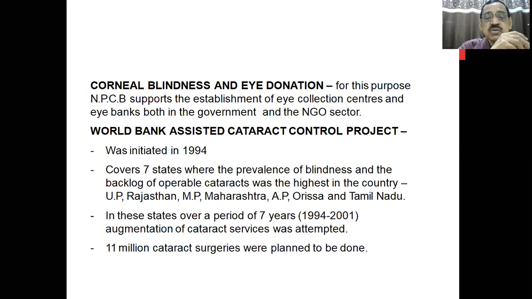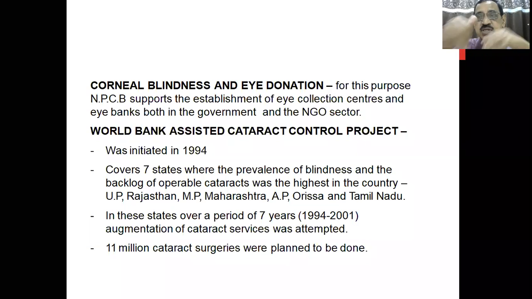The World Bank assisted cataract control project is another thing, which was initiated way back in 1994. Under this project, they identified nearly 7 states where the prevalence of blindness and the backlog of operable cataract cases was the highest in the country.